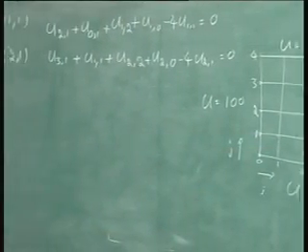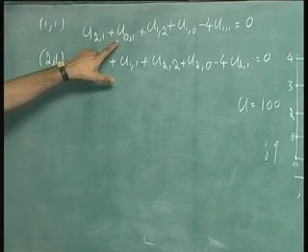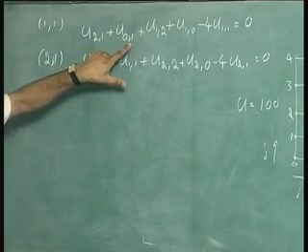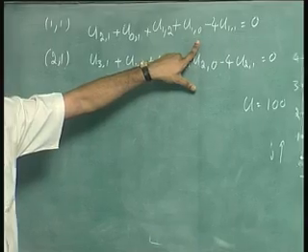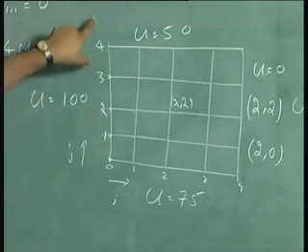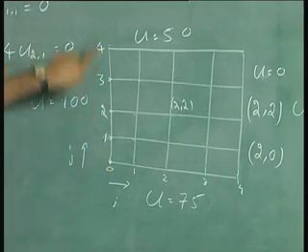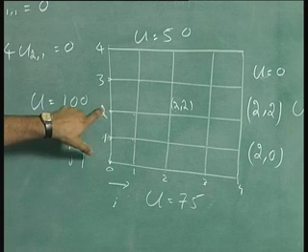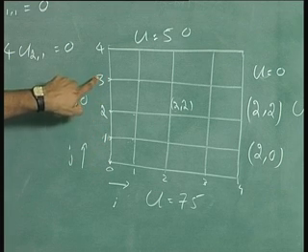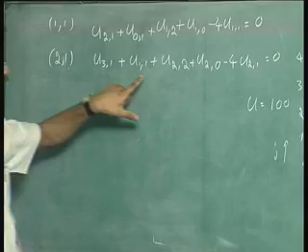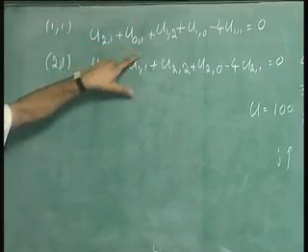In this case again, we know what the values of u01 and u10 are, because these boundaries are fixed. So u01, u02, u03, u04, etc. are fixed at 100, so this value is simply replaced by 100.